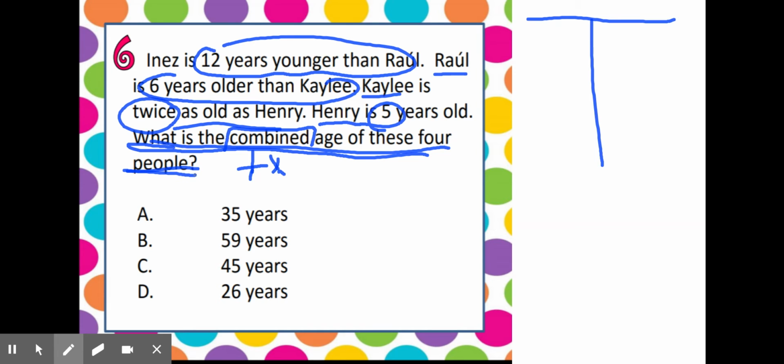Or sometimes they may ask, what's the difference between this person and that person? If you don't have a T-chart, it can get really confusing which numbers belong to which person. So it just helps us keep it neat and organized.